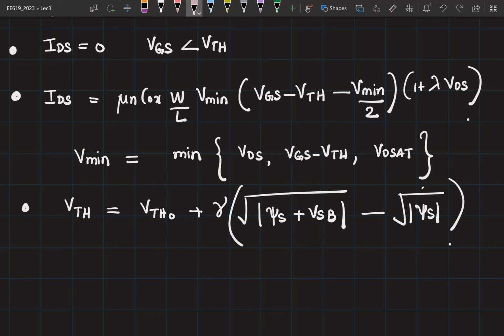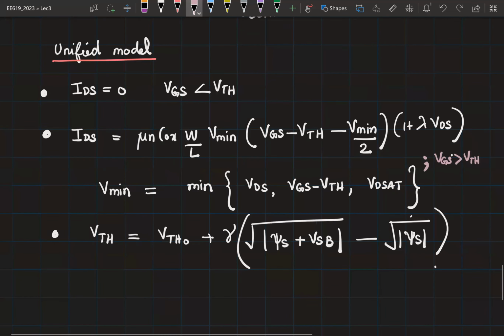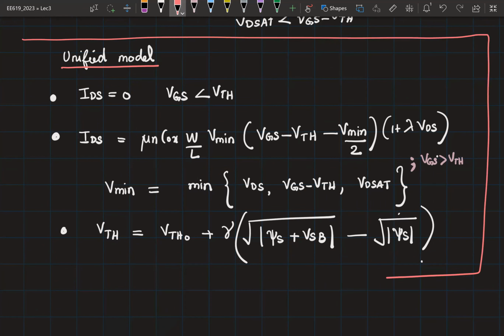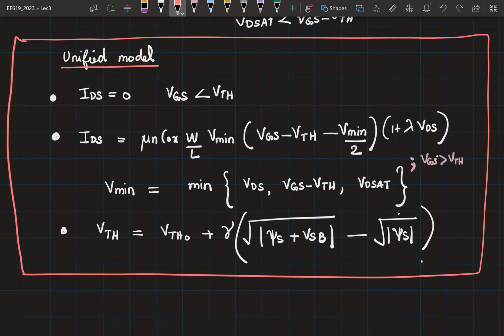Of course, this is true when VGS is greater than VTH. So this is what we call the unified model, and it allows us to calculate the current for an NMOS transistor very quickly. And it also allows us to identify the region of operation very correctly. Any questions on this?